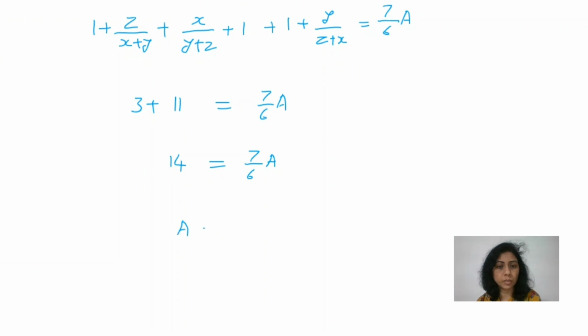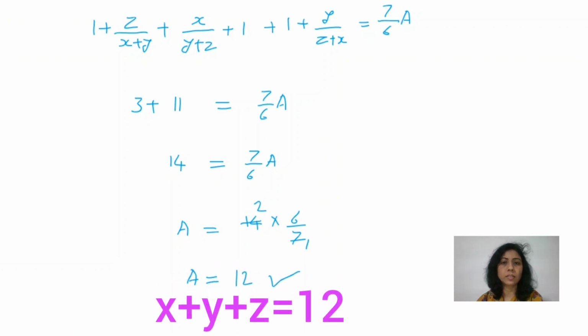So a is equal to 14 divided by 7 upon 6, it means multiply by 6 upon 7. 7 times 1 is 7, 7 times 2 is 14. So a value is 12. 2 times 6 is 12, and this is the answer.